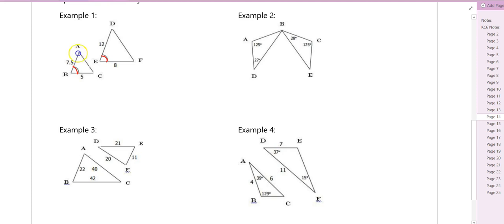So I'm going to pick my big side here. It's going to be 7.5, and I'm going to put that over my big side of my other triangle, which is right here, 12. 7.5 over 12, the fraction does not simplify, but as a decimal, that is 0.625.